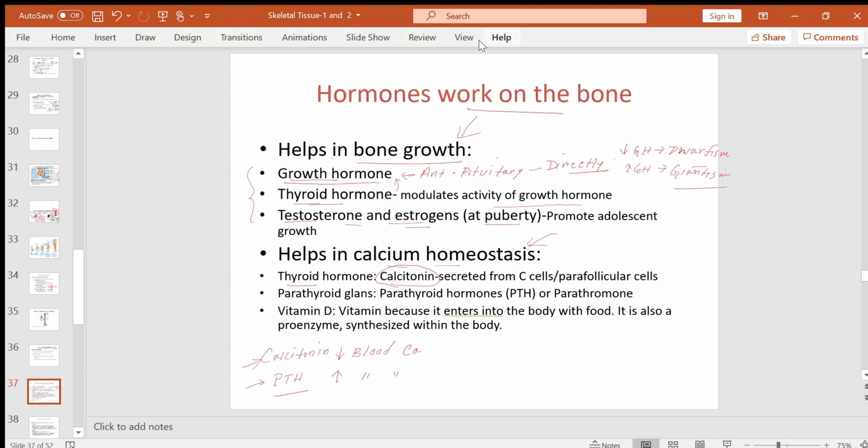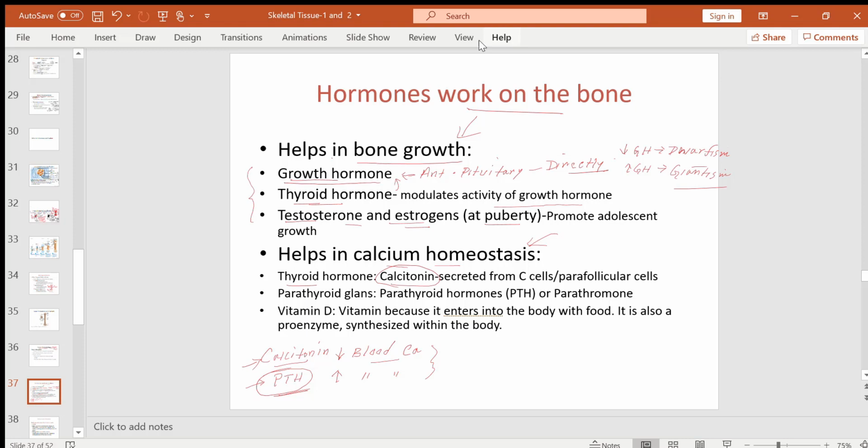If the blood calcium decreases, PTH will be released to increase it. If the blood calcium increases, the calcitonin will lower it. Maintaining the calcium concentration is extremely important in your blood.